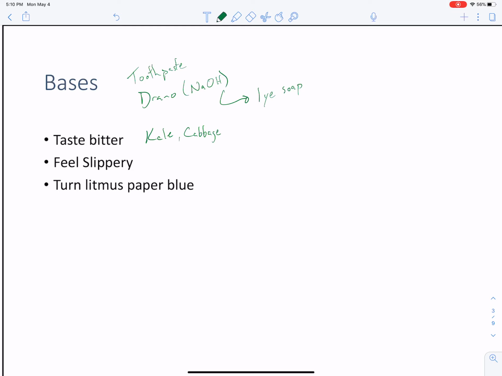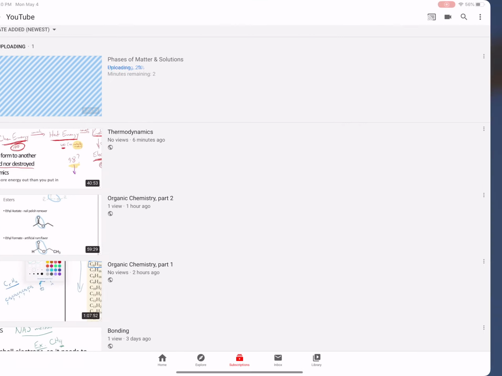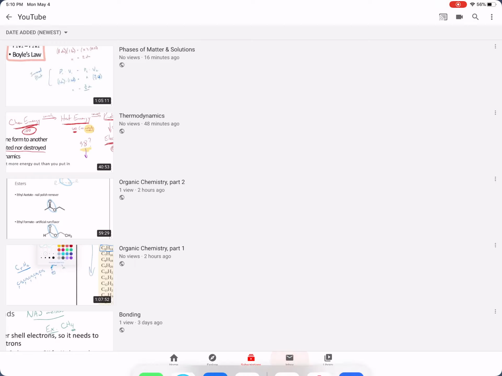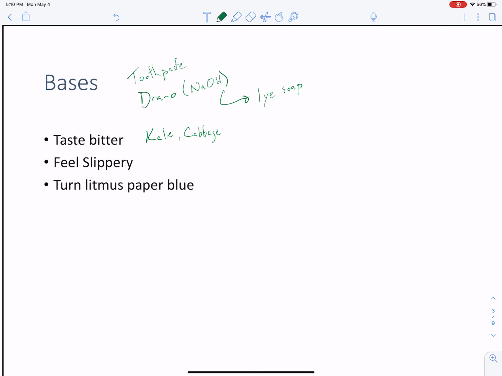Bases take those proteins that we have that keep our bodies together and it unwinds them, it denatures them. Bases denature protein and in some cases DNA.